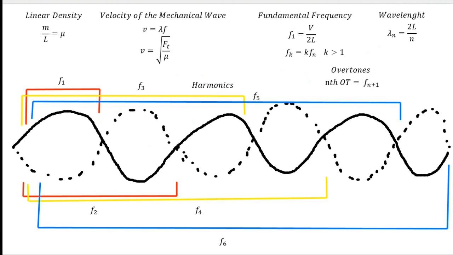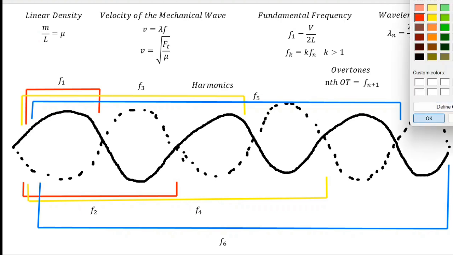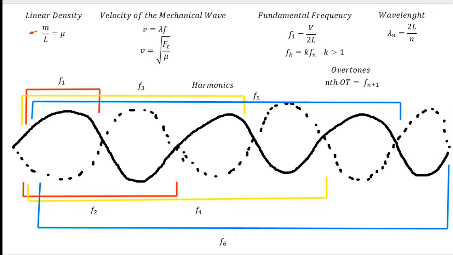So this is all of them. The formulas, I did write them, so I'm just going to write them and explain this. So this is the linear density. It is basically the density of the string that you have used. This is M, which represents the mass.